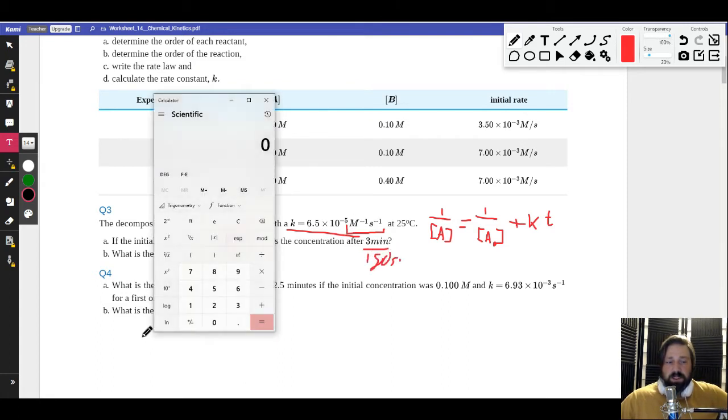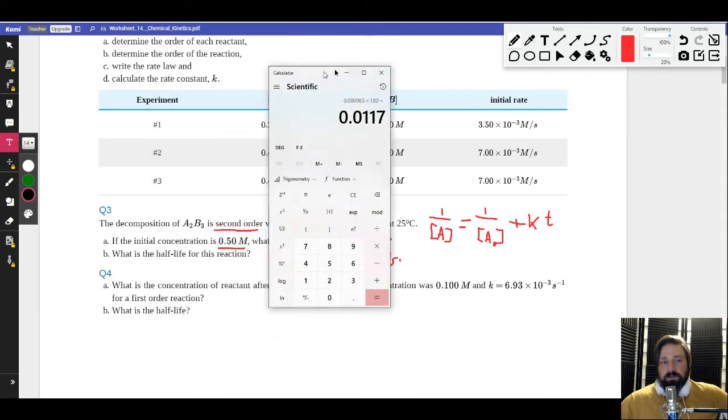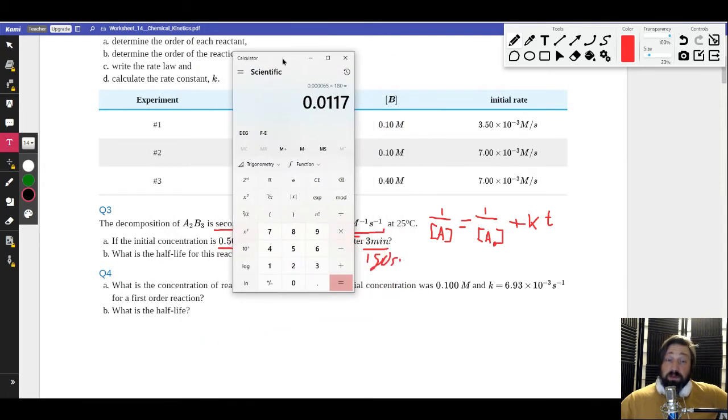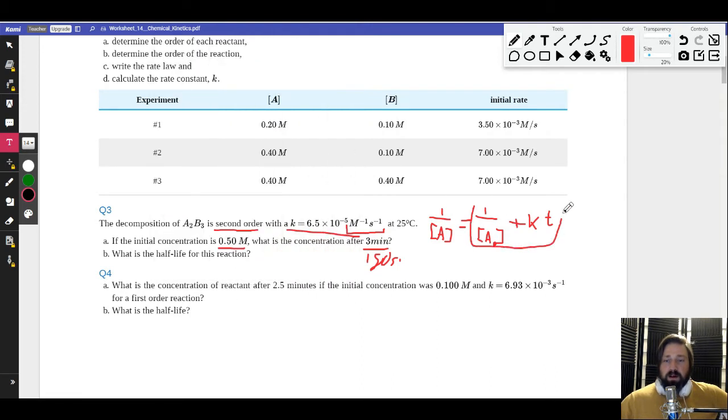Now, 6.5 times 10 to the negative fifth times 180 is some small number. Then we're going to add this to the reciprocal of the initial concentration. Initial concentration is 0.5. Reciprocal of that is 2. So this plus 2 is 2.0117.